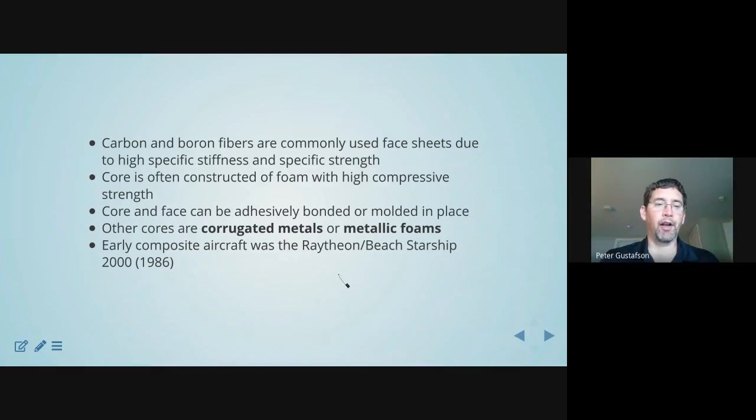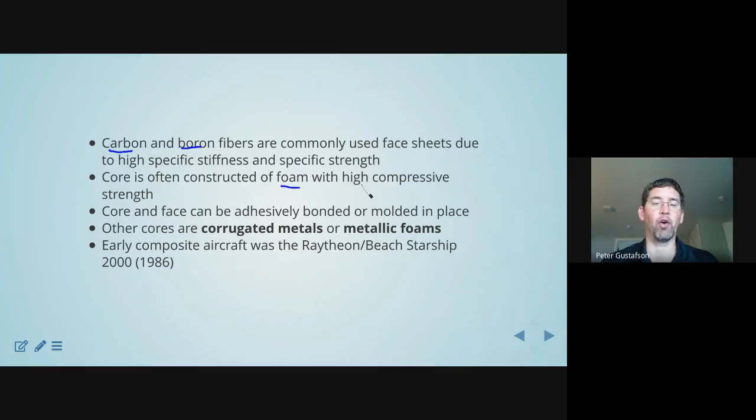In these modern composite structures, you're typically going to see carbon and boron as fibers that are in frequent use. Carbon fiber famously quite performant. They have very high specific stiffnesses and specific strengths. As I mentioned, the core is often constructed of foam that has a high compressive strength.